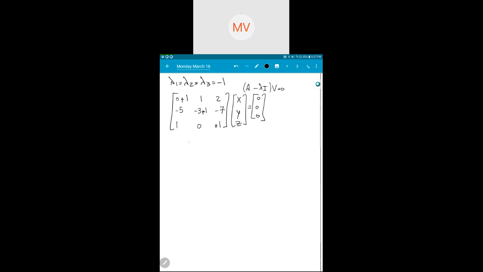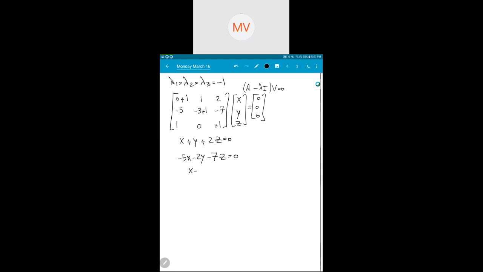Okay, so let's go to multiply. So we get x plus y plus 2z equals 0, right? And what is the other one? For the other one, we get -5x minus 2y minus 7z equals 0.